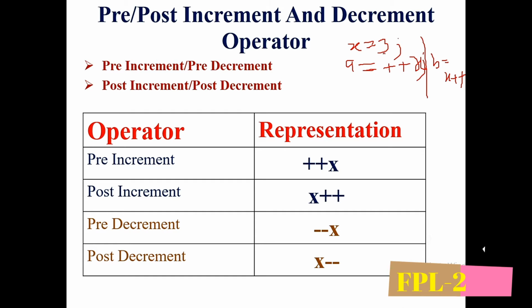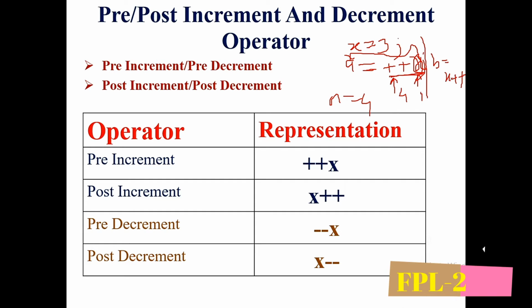So here we go for plus plus x. First is the addition task: we'll add one to x, so x will become 4, and wherever you have the variable name, it will immediately give the value to the corresponding variable on the left hand side, or if you are printing, it will immediately print. So your a will become 4.